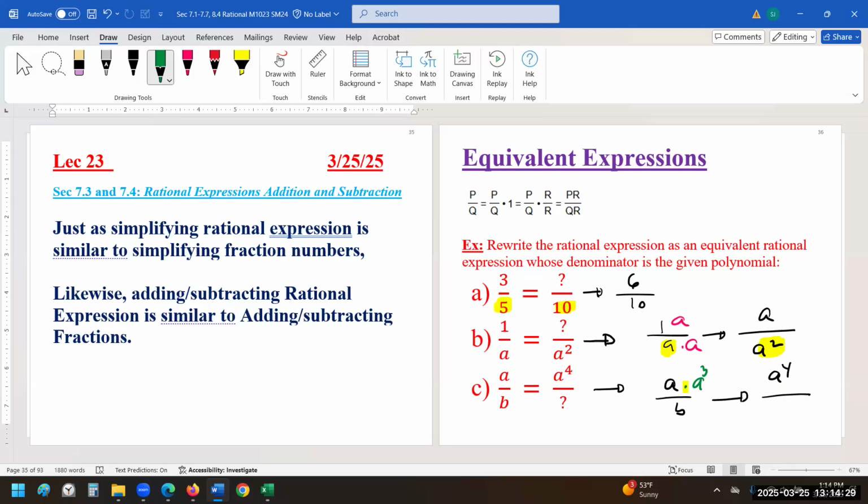That means you have to multiply the denominator by the same thing. So we get a cube b. So a over b is the same as a to the 4th over a cube b. Clear? Any questions so far?